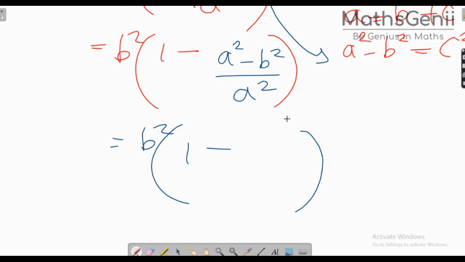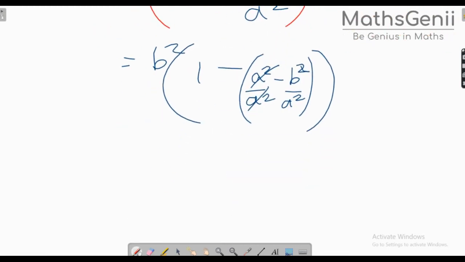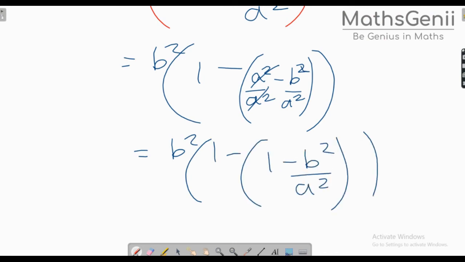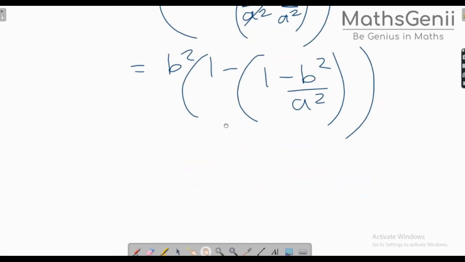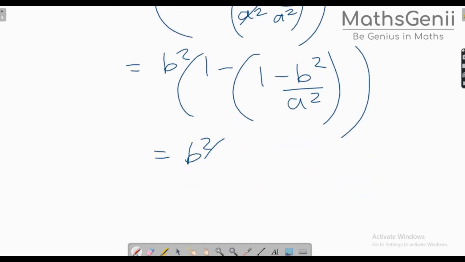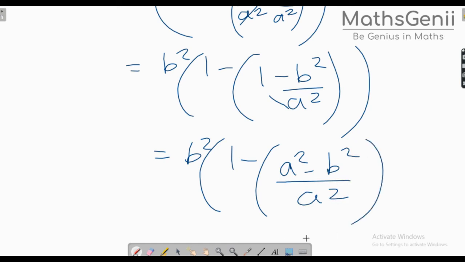I'm doing very tiny steps. This a square will go to this fellow and to this fellow. This and this will get cancelled and give you 1. So this will give you 1 minus b square upon a square, correct? So this will give you 1 minus, this a square will go that side, a square minus b square upon a square.